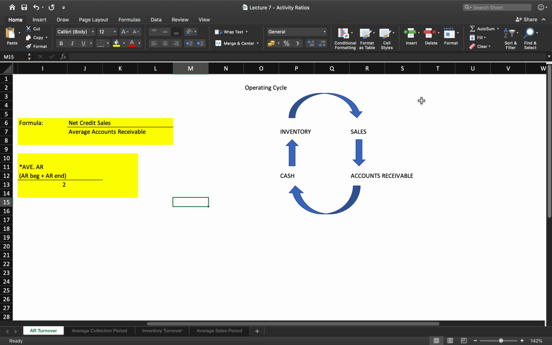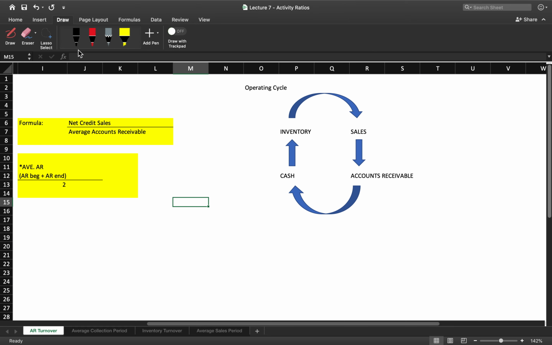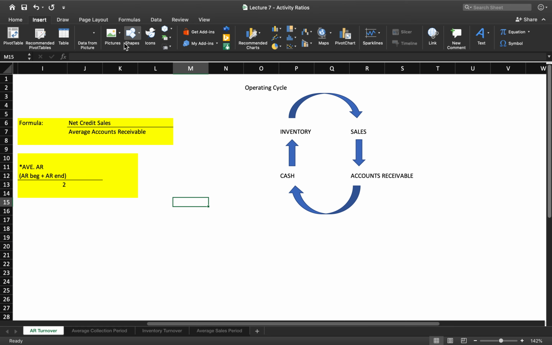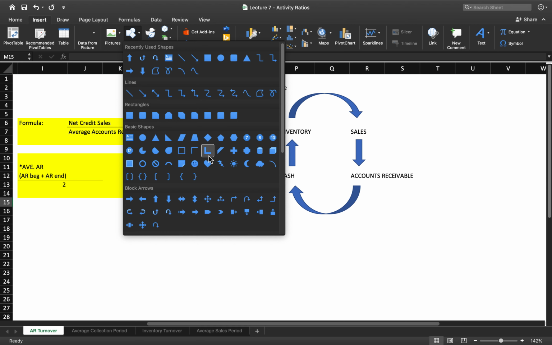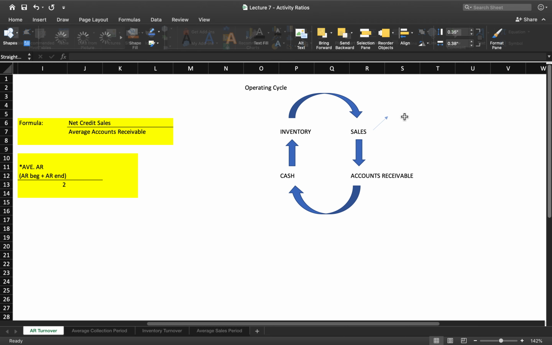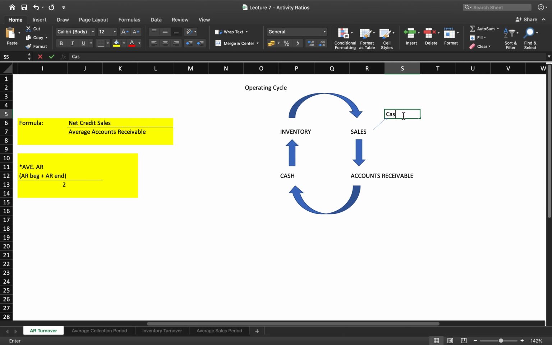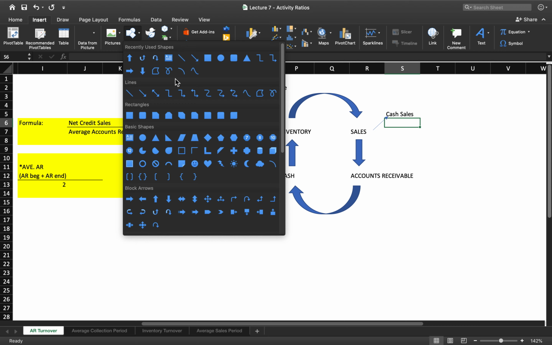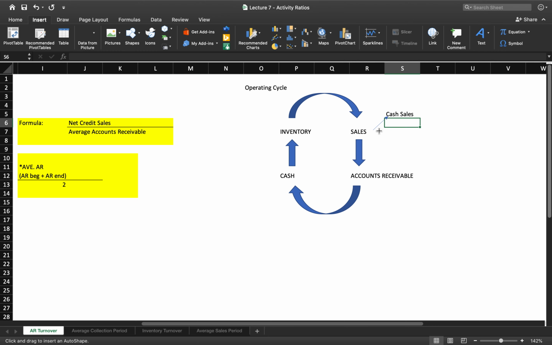So, some would be cash sales and some would be, wait, let us expound on our diagram. Okay. Some would be cash sales, while others would be what? Credit sales.